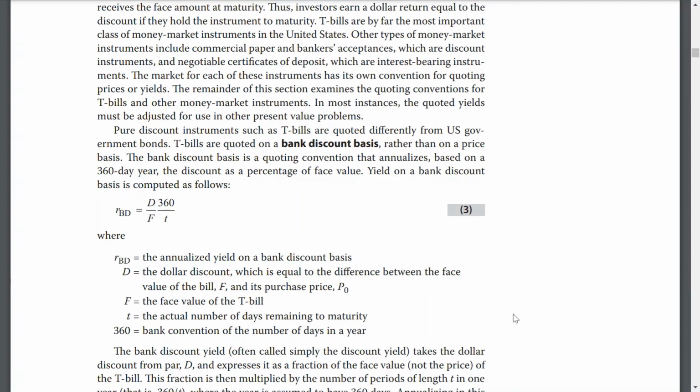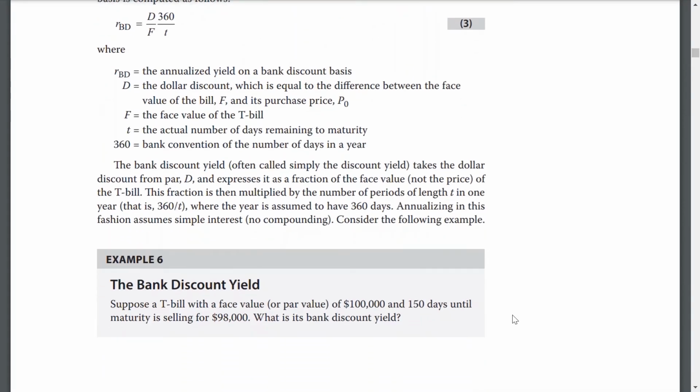The bank discount yield, often called simply the discount yield, takes the dollar discount from par, D, and expresses it as a fraction of the face value, not the price of the T-bill. This fraction is then multiplied by the number of periods of length T in one year, that is, 360 divided by T.